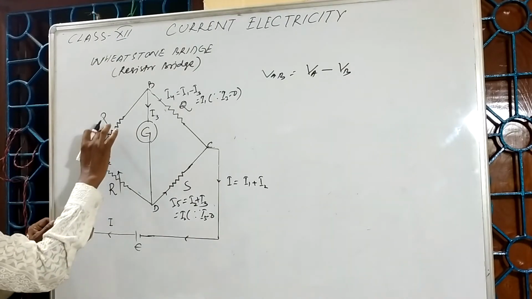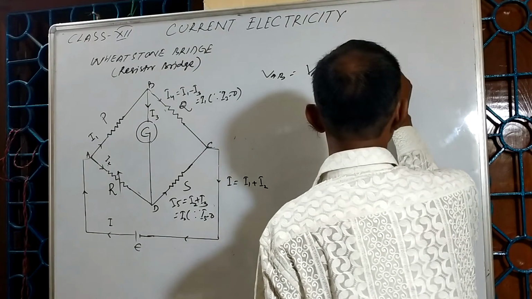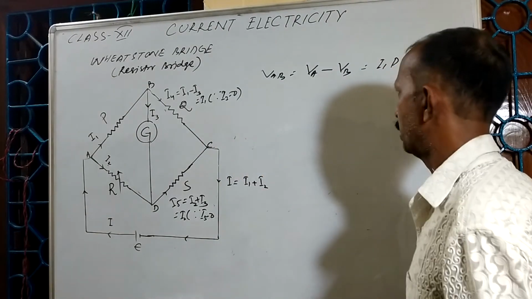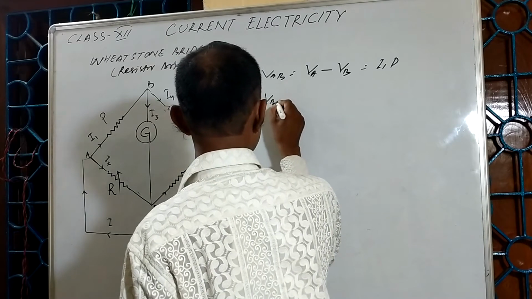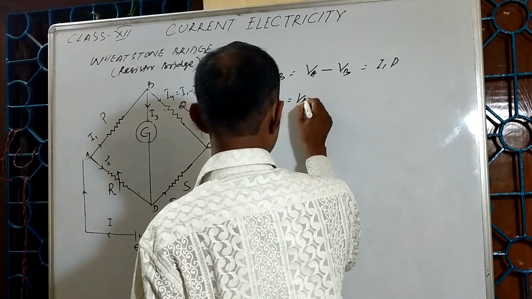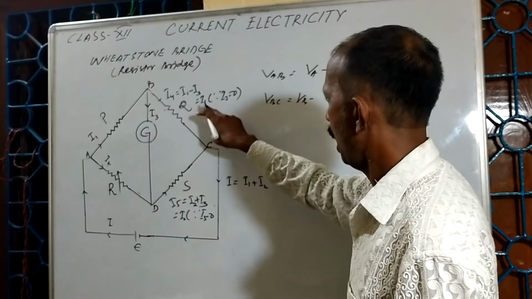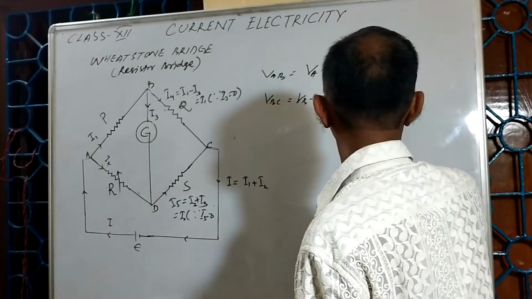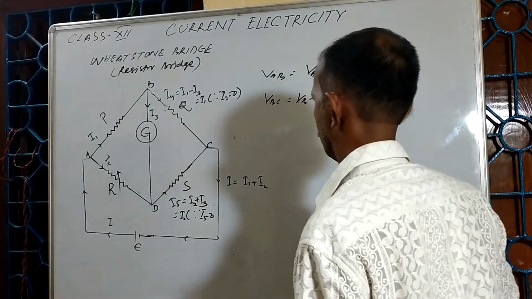That means this is equal to I1P. Now see the potential difference between B and C. So VB minus VC is equal to I1Q. I1 is the current, Q is the resistance.